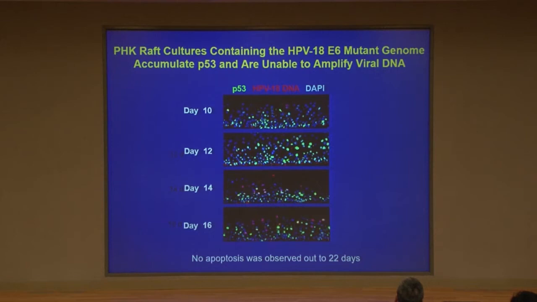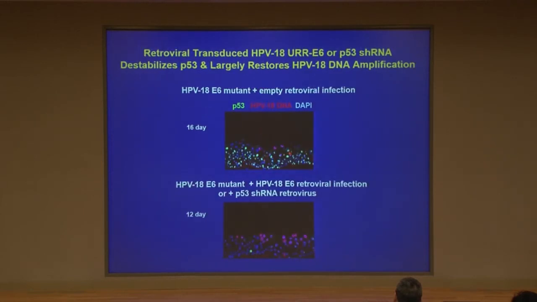And you can see at day 10, day 12, day 14, day 16, we probe for p53. p53 is very abundant. Viral DNA, not very many. So that tells us p53 really is the one that controls viral DNA amplification.